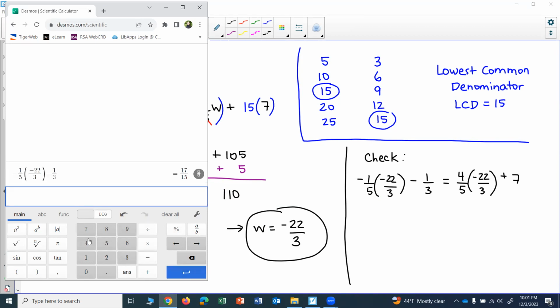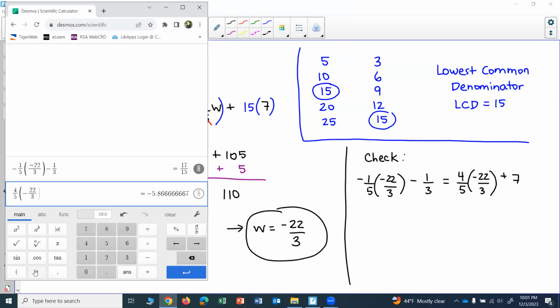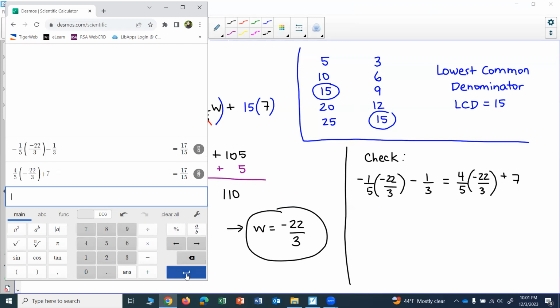The right-hand side is 4/5 times negative 22 over 3 plus 7. I'll convert that to a fraction. So 17 over 15 equals 17 over 15.